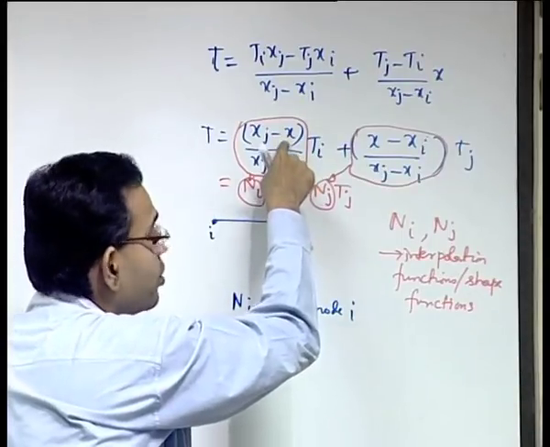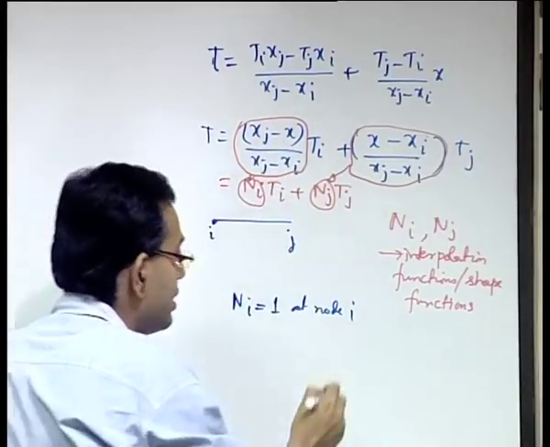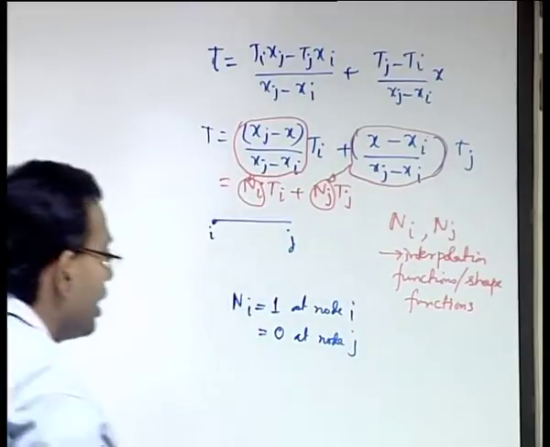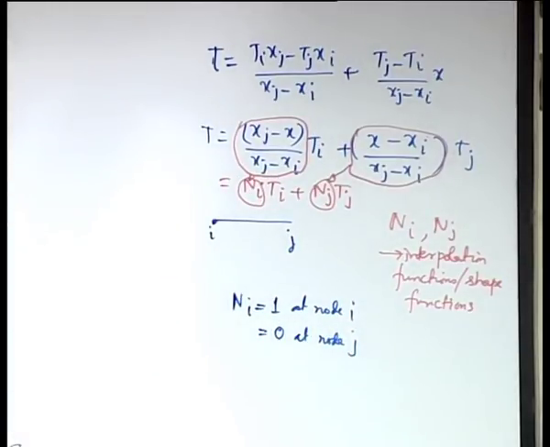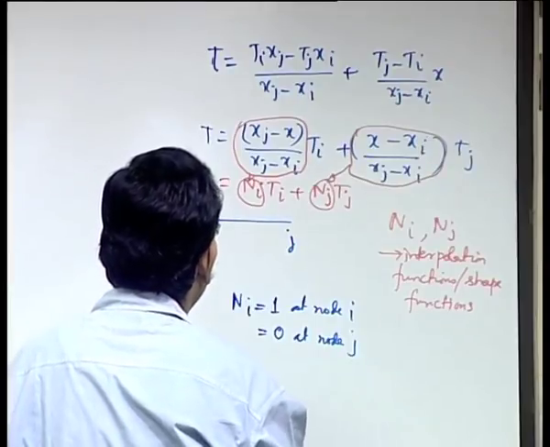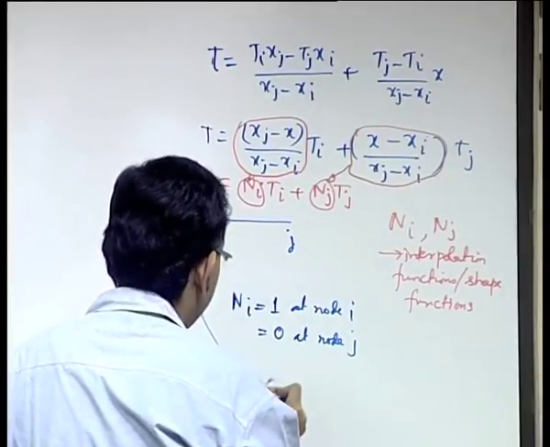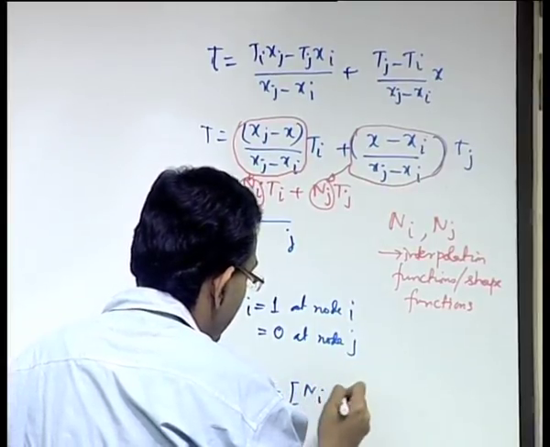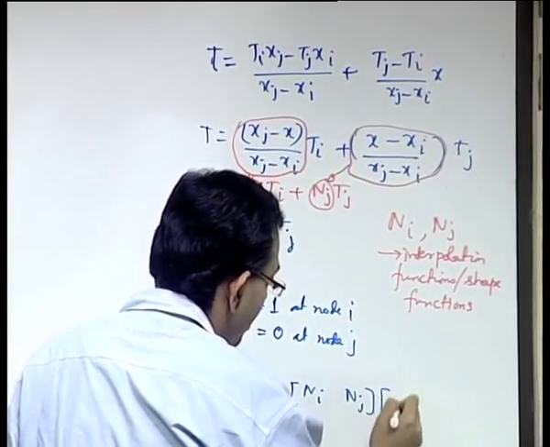It is 0 at node j because it will become xj minus xj, 0. So, in general Ni equal to 1 at node i and 0 at other nodes, that is the property of a shape function. Now, this is a trial function. So, you can write this expression T equal to Ni Ti plus Nj Tj in a matrix form. How? You can write this as Ni Nj times Ti Tj.